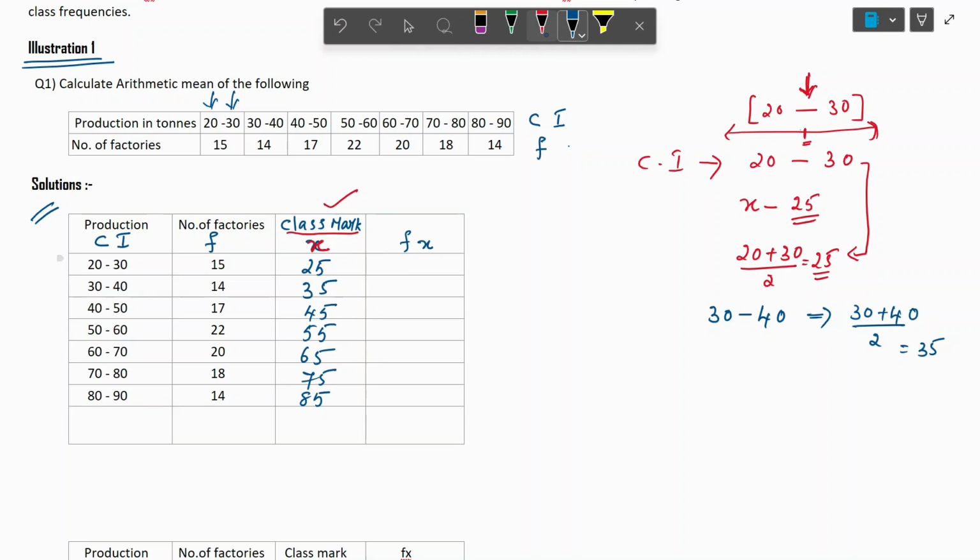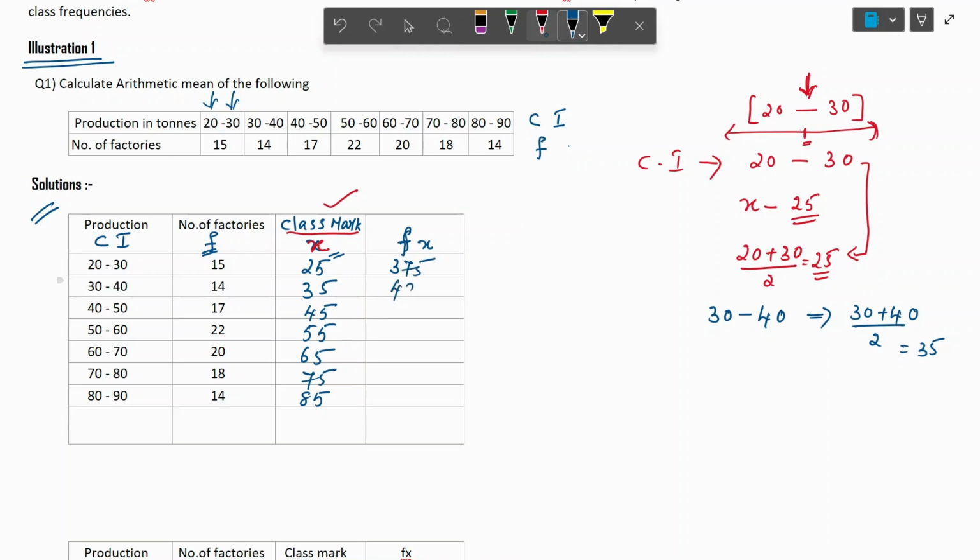Now, after this, same thing as what you have done in your discrete data, you multiply f into x. Where is f here? F is the second column, and x is the third column. Therefore, we are going to multiply and write the values: 15 into 25, that is 375.